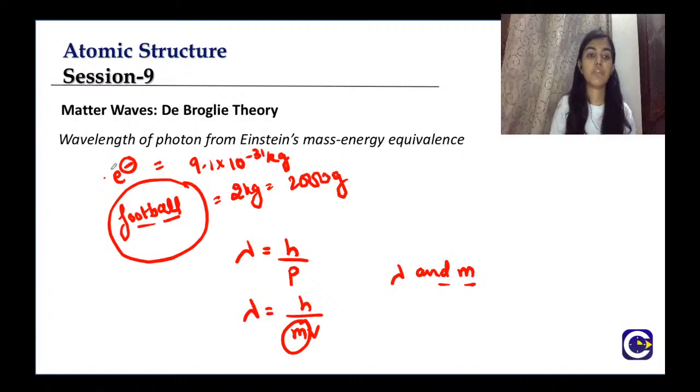While in the case of smaller particles like electrons and protons, the subatomic particles which have a very small mass, especially the electron, the waves can be observed because the wavelength will be greater. So lesser mass, more wavelength; more mass, lesser wavelength. Because of the short wavelength and the greater mass of football and other bigger particles, we cannot see the matter waves associated with that particular matter.